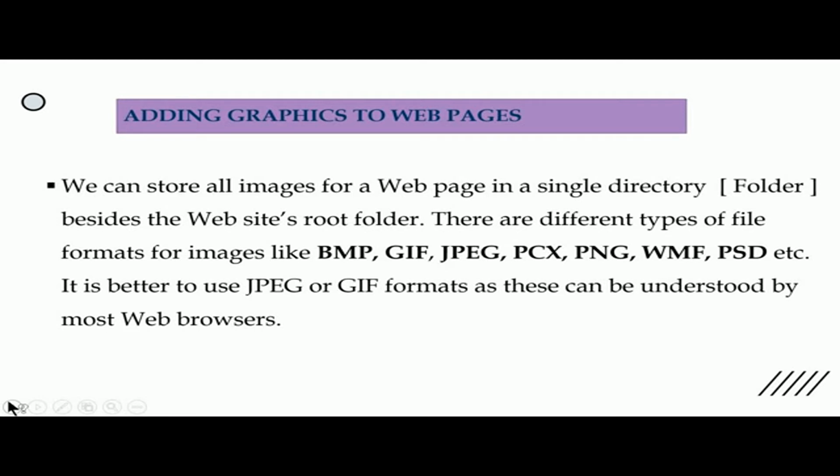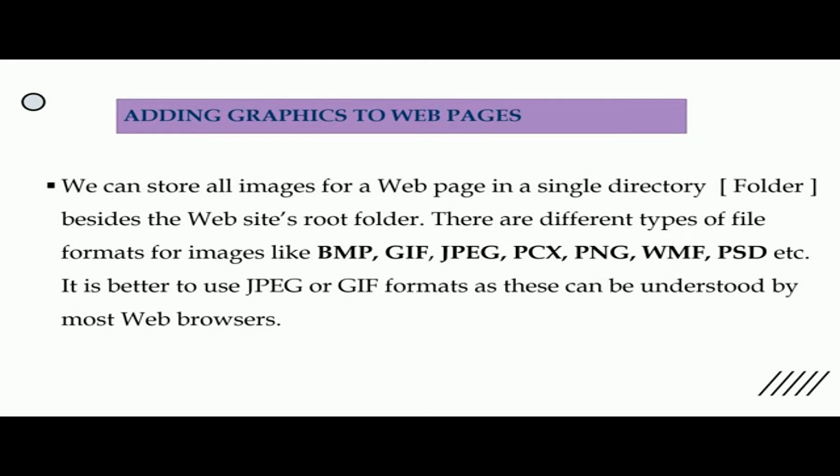There are different types of file formats for images like BMP, GIF, JPEG, PCX, PSD, etc. It is better to use JPEG or GIF formats as these can be understood by most web browsers. This tells that for images which are to be displayed on a web page, it is better to create a folder.